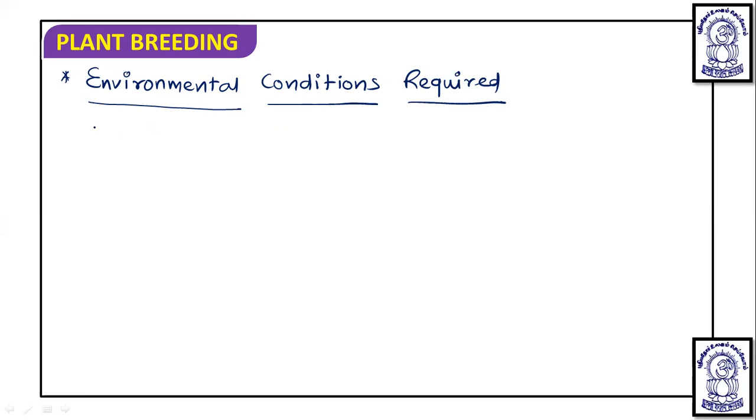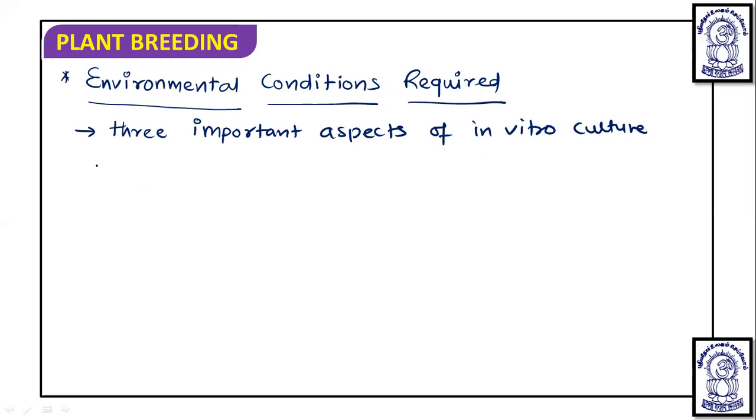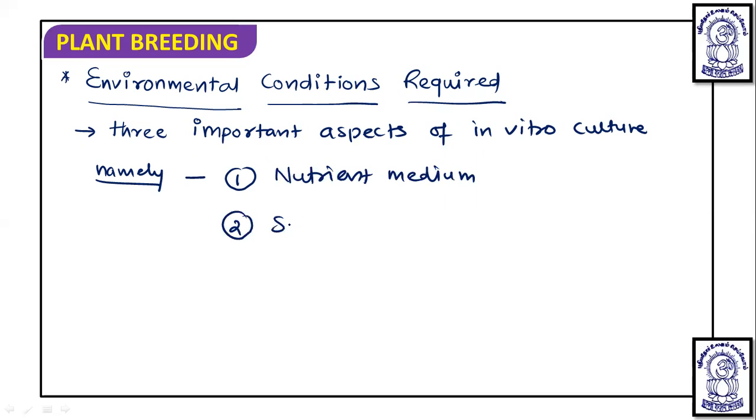there are three important aspects of in vitro culture, namely: number one is nutrient medium, number two is sterilization, and third is the aeration of the tissue.